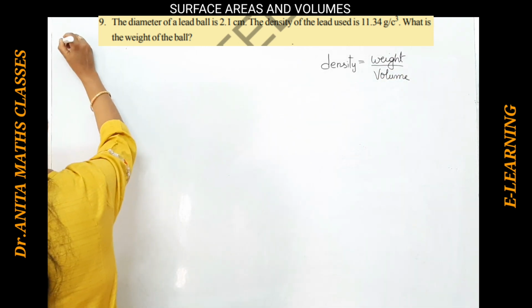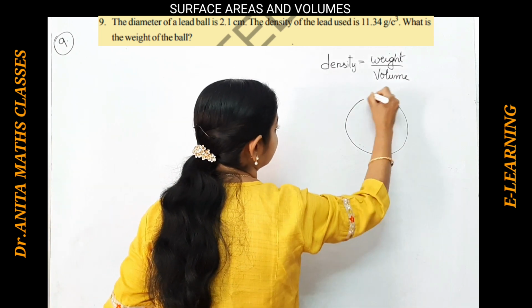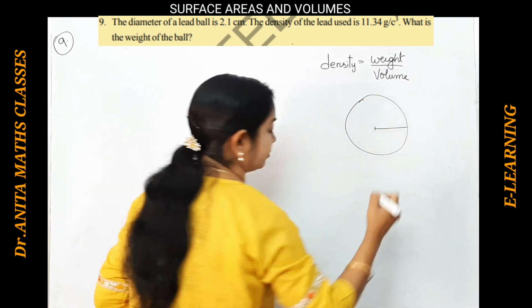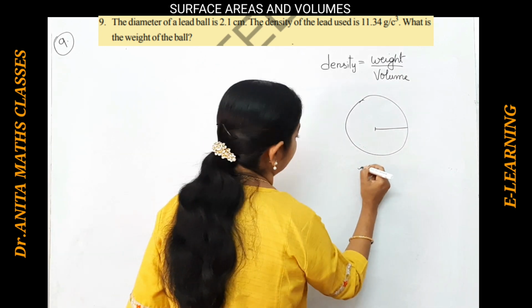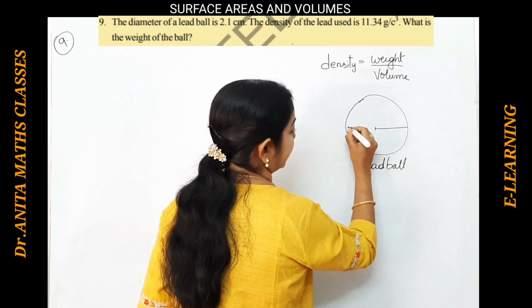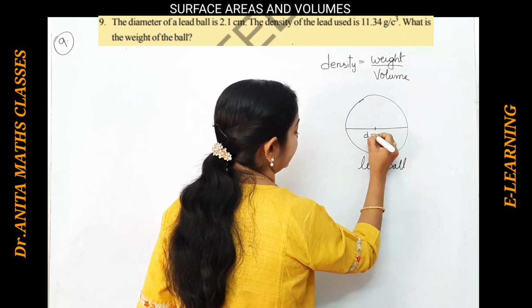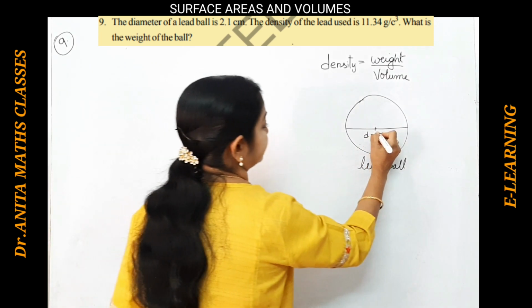Here a lead ball is given, so the lead ball is spherical in shape. And what more information is given? The diameter of the lead ball is given, D is 2.1 centimeters.